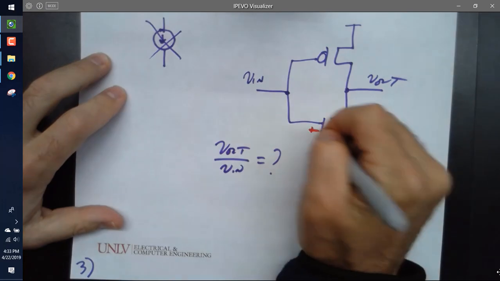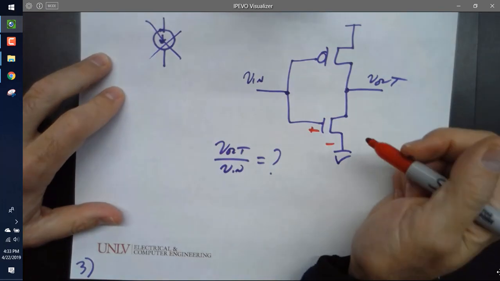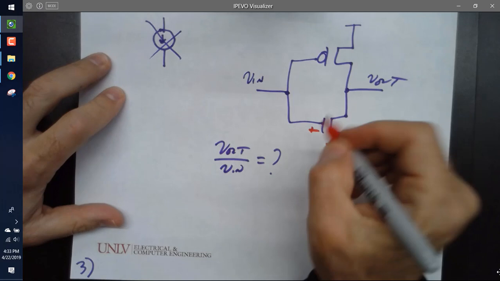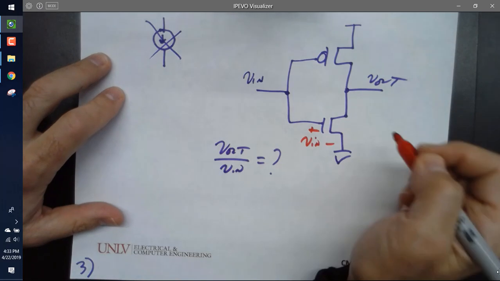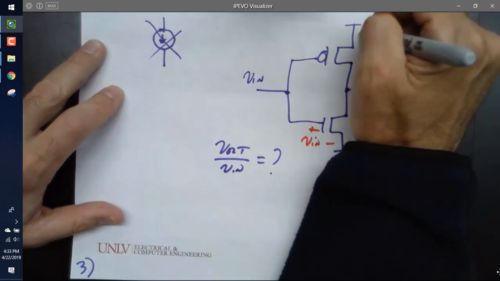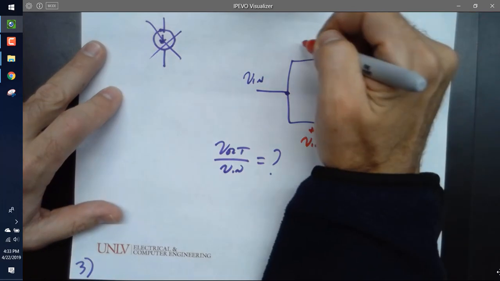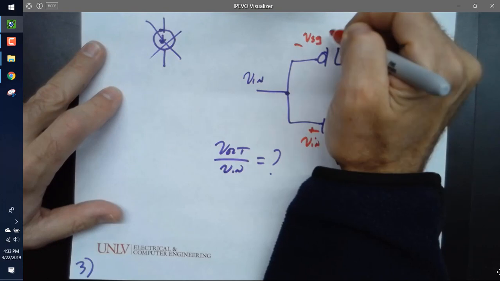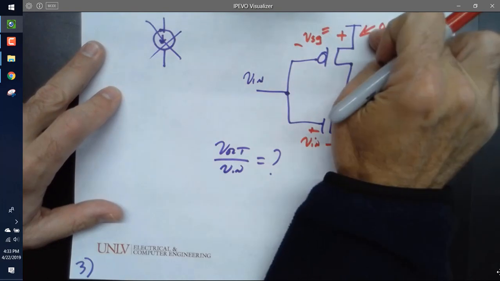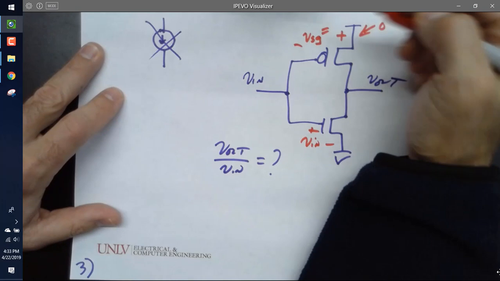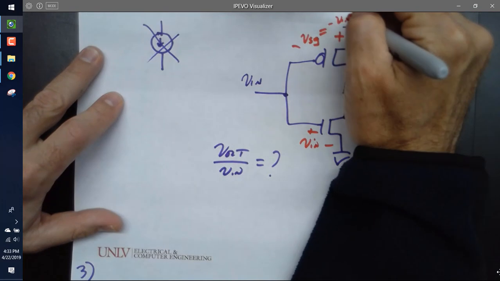All right, what's the VGS here? Correct, V in. What's this AC voltage? Zero. So what's the VSG here? Zero minus V in, or minus V in.